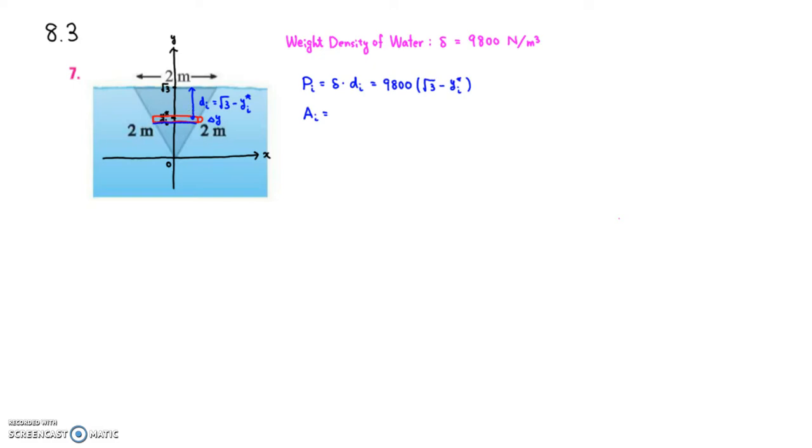So let's pull out the similar triangles. I'm going to pull out the big equilateral triangle, like that, where the base is 2. That's the original. Then the height of this equilateral triangle is square root of 3.